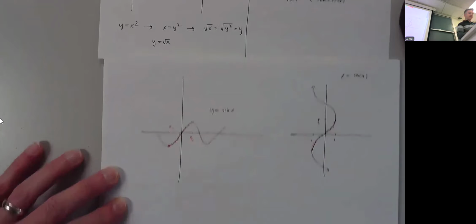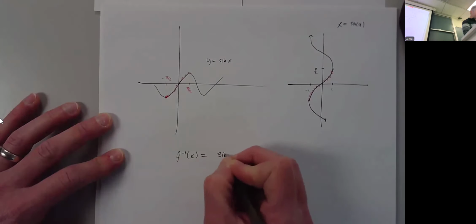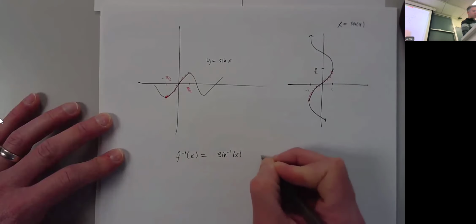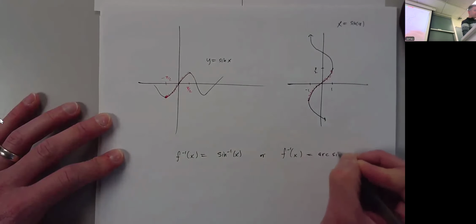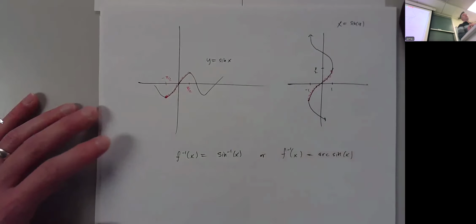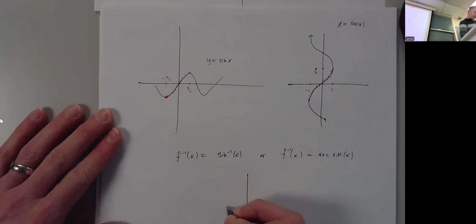So I'll graph it just so you can see it. Here's the inverse sine of x, which we write like this, or as this, the arc sine of x, which is my preferred notation because you don't have the potential mishap of thinking it's 1/sine, which is definitely not. Looks like this.